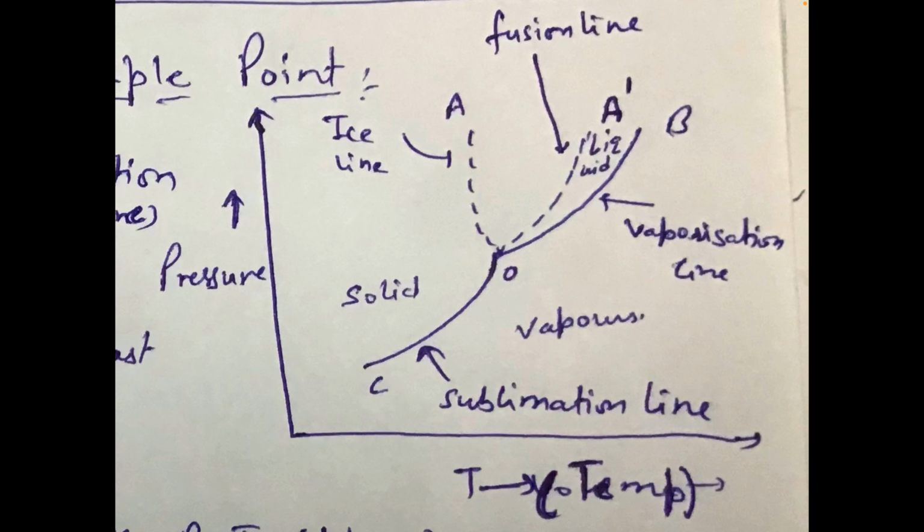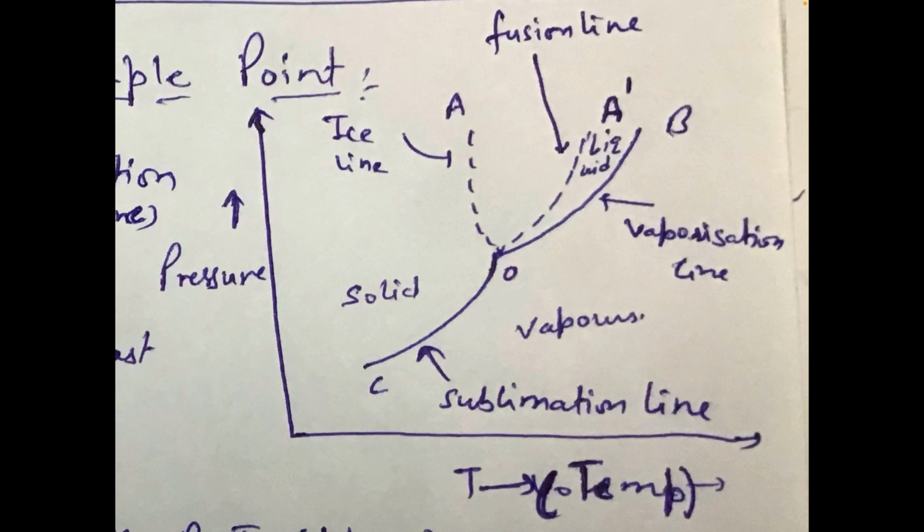And in case of ice, when it melts to water, its volume decreases, that is V2 minus V1 becomes negative. And when V2 minus V1 is negative, dP by dT is negative, and dP by dT is the slope of the curve. So clearly AO is a negative slope curve and called the ice line.